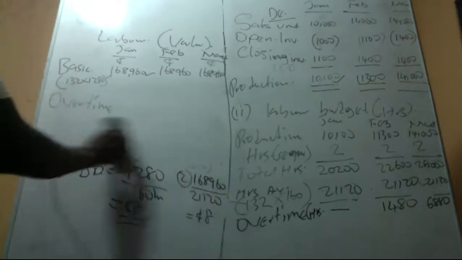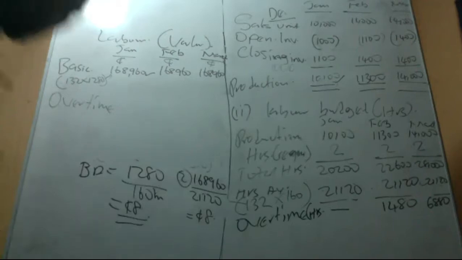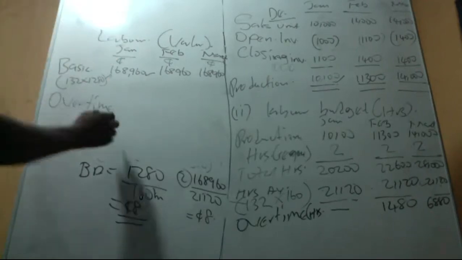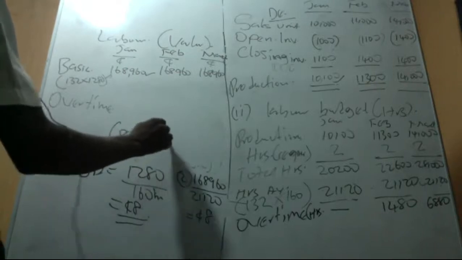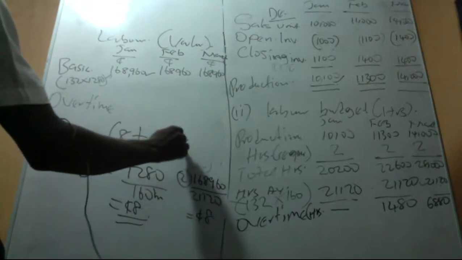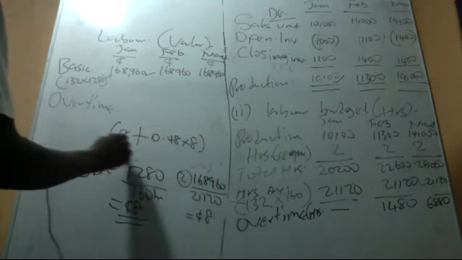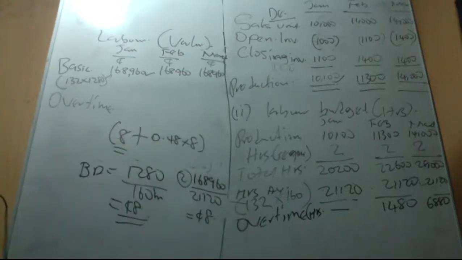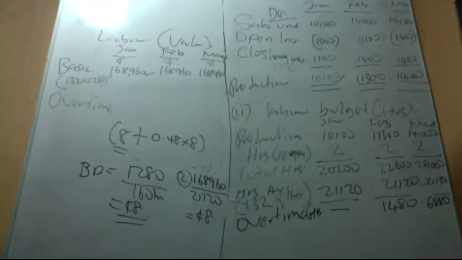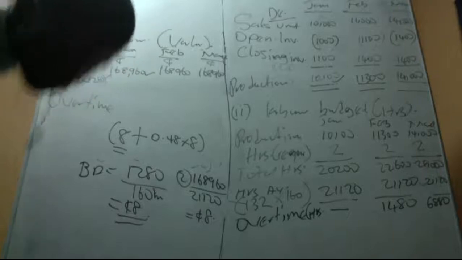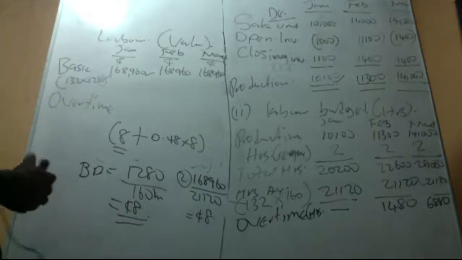So therefore, the overtime premium will be 8 cedis plus 0.48 times 8. Who can tell us? This one will give us 3 cedis, 80 pesewas or so. What do you get? Any answer for me?